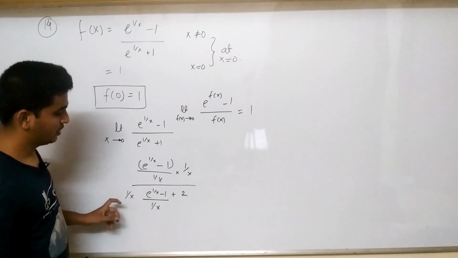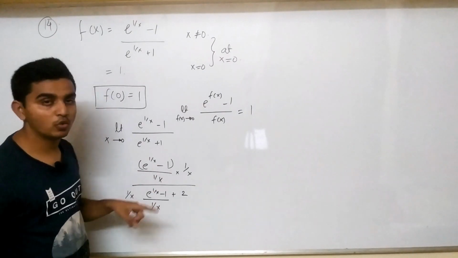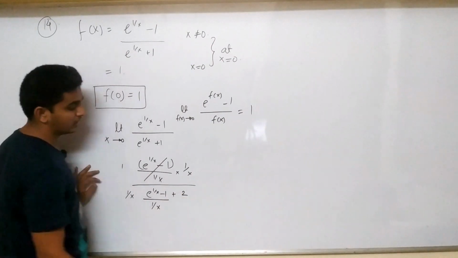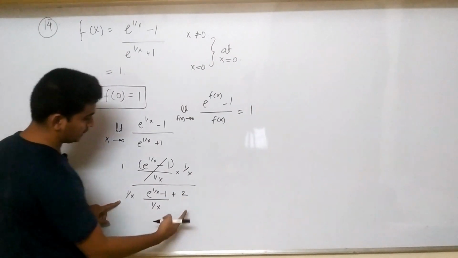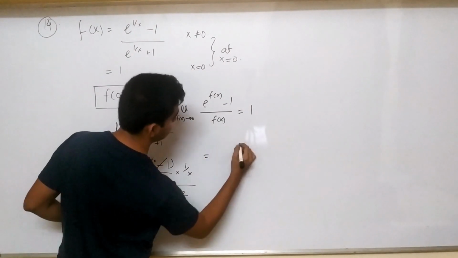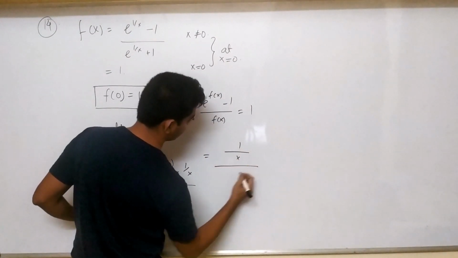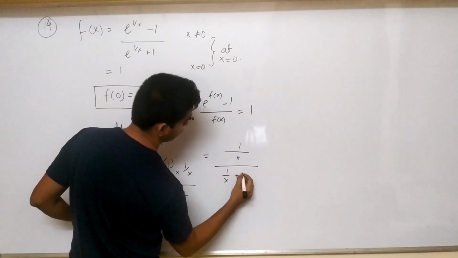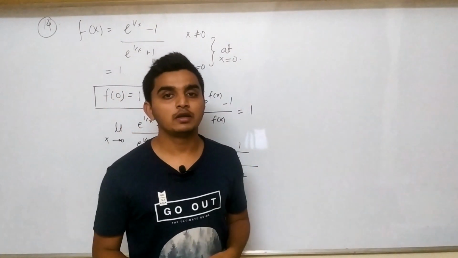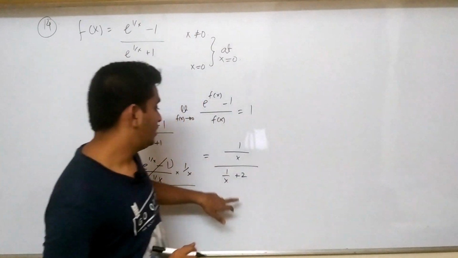Since this will become 1, in the numerator you have 1 upon x, and in the denominator you have 1 upon x plus 2. So you can state this as 1 upon x upon 1 upon x plus 2. So within 2 steps you have reached from a particular level up onto the second level within no time.